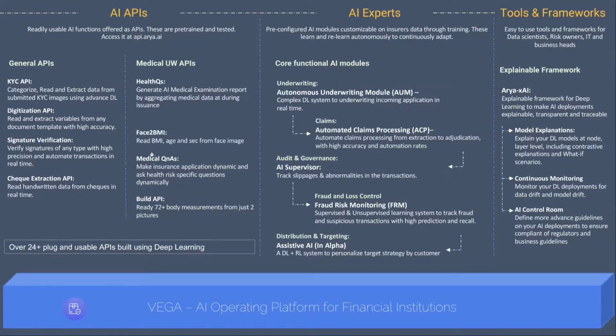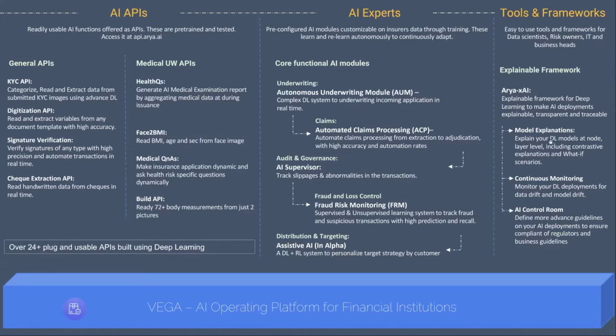So on the platform today, you could divide the propositions into 3 different classes. One is AI APIs, which are plug and play kind of modules. The second class is AI experts, which are designed for core decision functions like underwriting, fraud detection, audit, or transactional fraud, and so on, which are customizable for a business by providing training data.